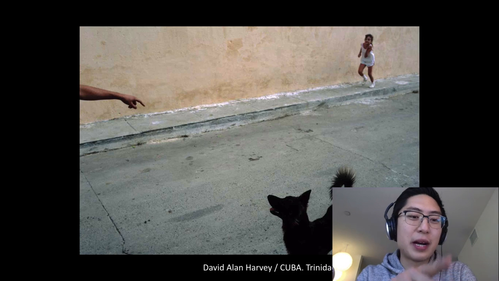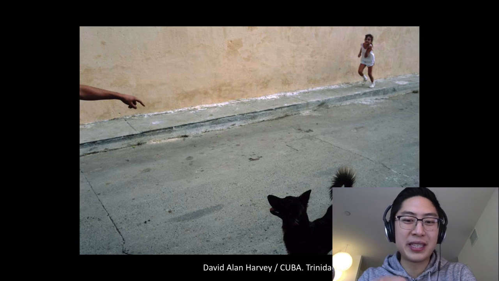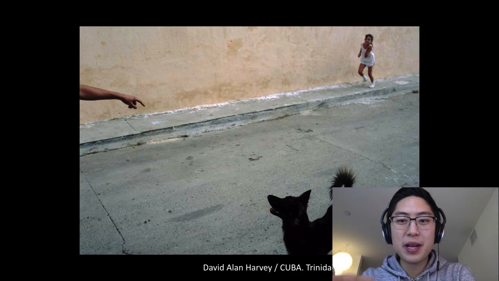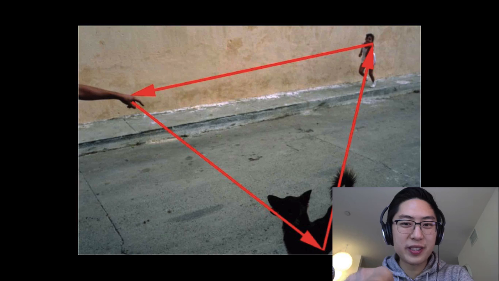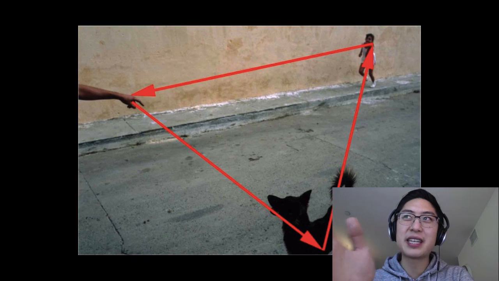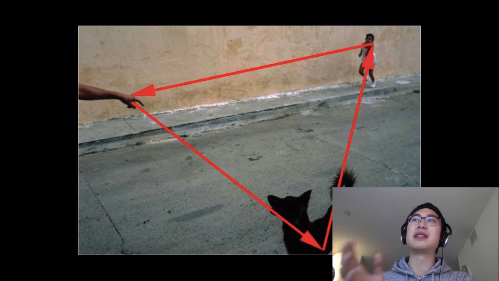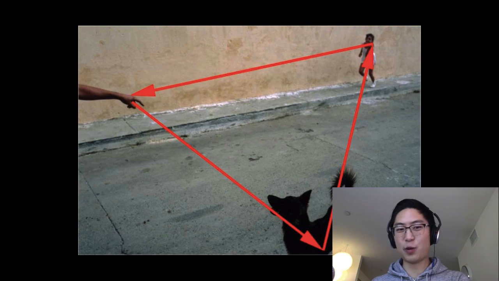So if you start with the top left corner, this guy's fingers pointing down to the dog. Then if you follow that line to the dog, follow the tail up to this little girl in the top right corner. Then she's also running to the top left corner. So there's this eternal triangle, which, even though this is a fraction of a second, this image has so much movement and it's going to keep moving until the rest of time.